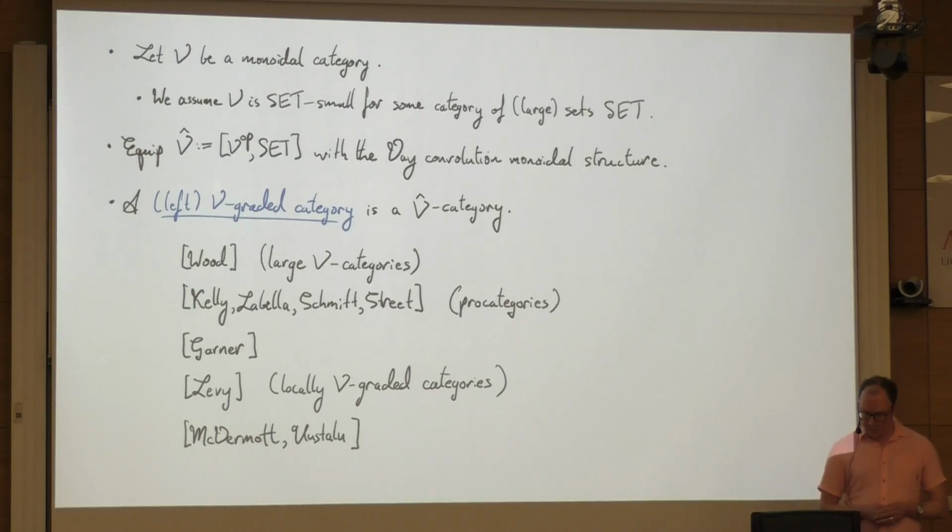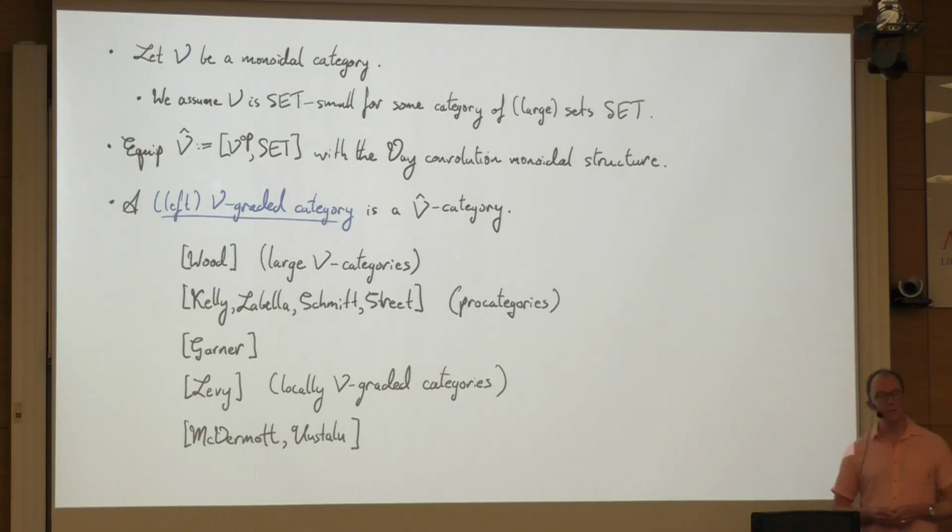And so this point of view becomes especially natural when we begin to regard V-graded categories as an elementary concept in their own right, which admits an elementary element-wise definition that's quite easy to work with, even for beginning students.